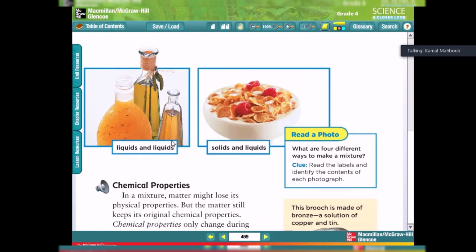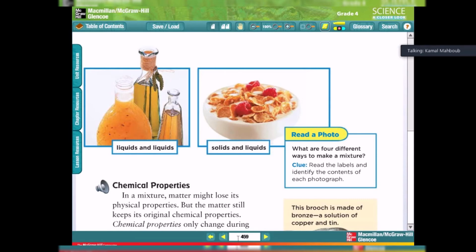Now we have liquid in liquid, like this oil, and we can put another liquid inside this oil. Maybe we can put vinegar or other things. This is liquid with liquid. And solid in liquid, like this one, crispy cereal and some things you eat at breakfast. That is with the milk. That is solid in liquid.